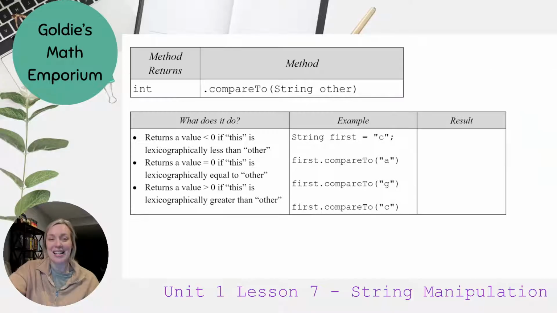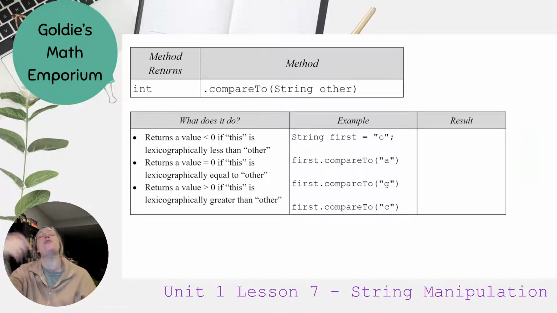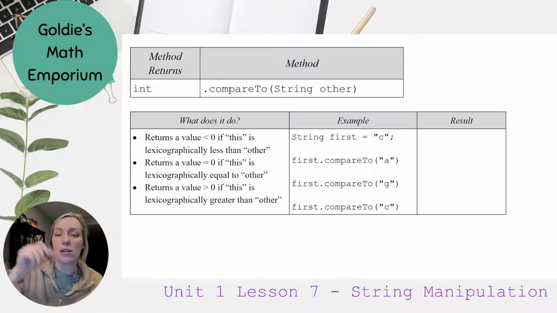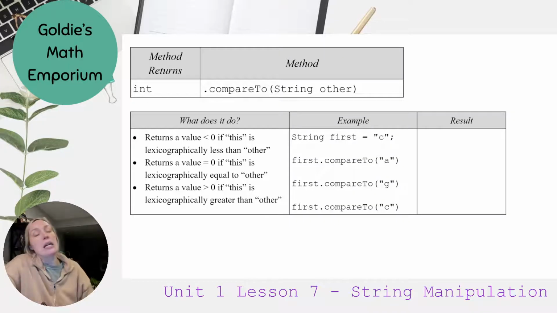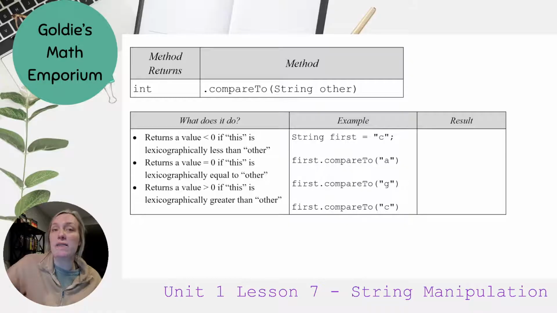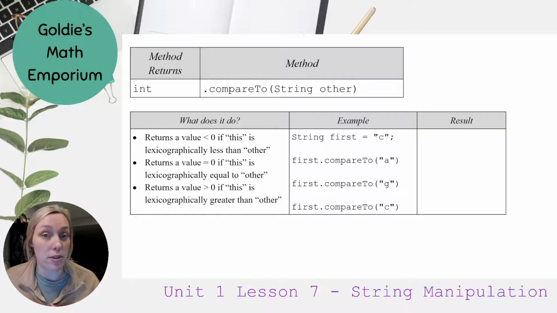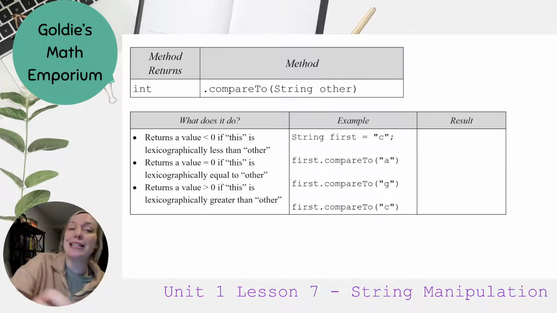Okay. The last one, compareTo. I love this one, but it is a tricky one. So compareTo is going to return either a positive or negative number or 0, depending on the relationship between the strings. With this.compareTo, you're going to pass it a string that we call other.